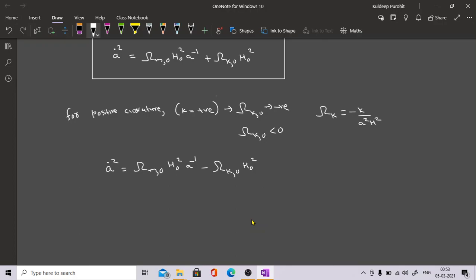The reason is that we have to visualize something. See now, as the value of a increases, this term will decrease because there is a 1 by a term here. So as the scale factor increases, the first term will decrease. This term will have no change, since it is independent of a.